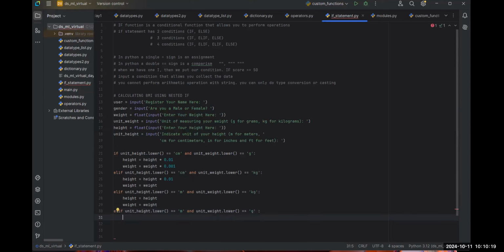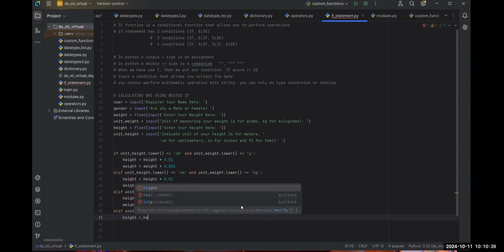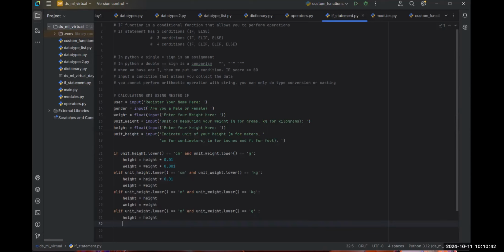In this case, height will be equal to height, but weight, we are converting from gram to kg. Normally we're not supposed to write height equal to height, but let's just input it there so you would understand what we are doing. Weight will now be equal to weight multiplied by 0.001.